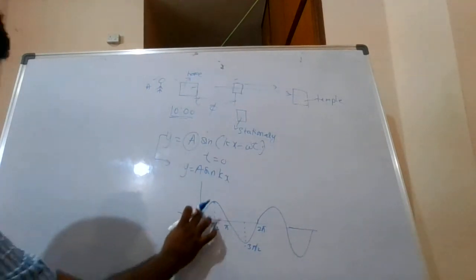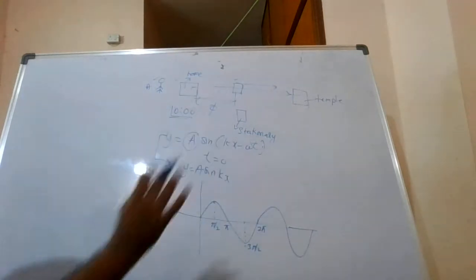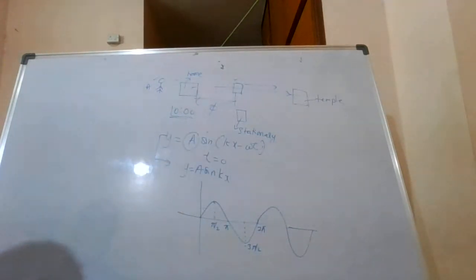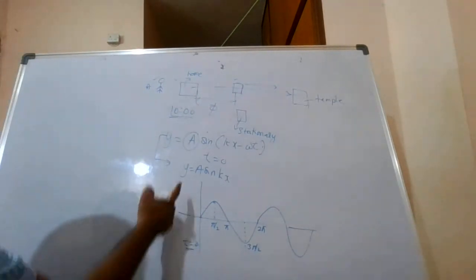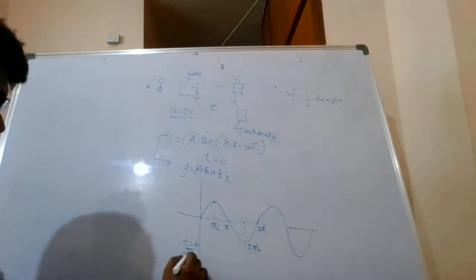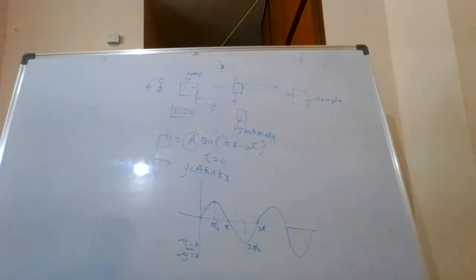From here one cycle, then second cycle, then third cycle, then fourth cycle, and so on and so forth. At t is equal to 0, what is the value of y? y is equal to 0. That means at initial time it was starting over here.